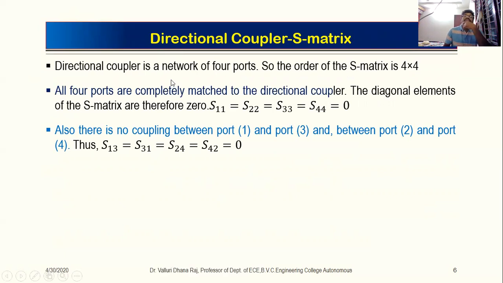So a directional coupler is a network of 4 ports. Its characteristics, meaning the scattering matrix, can be arrived at in this particular manner, as it is a 4-port junction, just like the rat race ring we have just seen, where 4 ports are there.